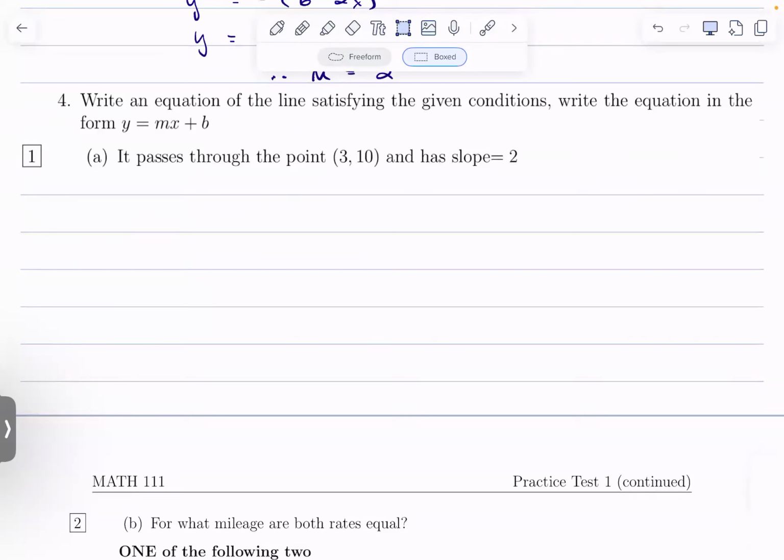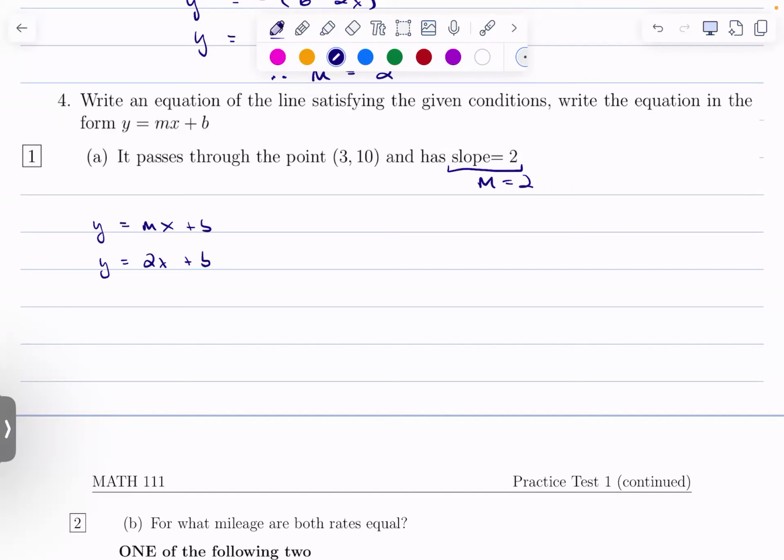Write an equation of the line that passes through the point (3, 10) and has a slope of 2. There's a couple of different options. Let's brute force it. y equals mx plus b is always going to work. We're told the slope is 2, so I can start there, 2x plus b.